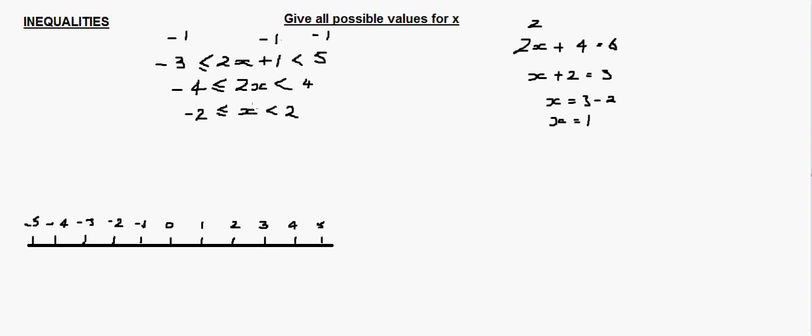So now possible values for x: x could be -2 because it's greater than or equal to. So it could be -2, it could be -1, it could be 0, it could be 1, but it can't be 2 because it's not equal to 2.